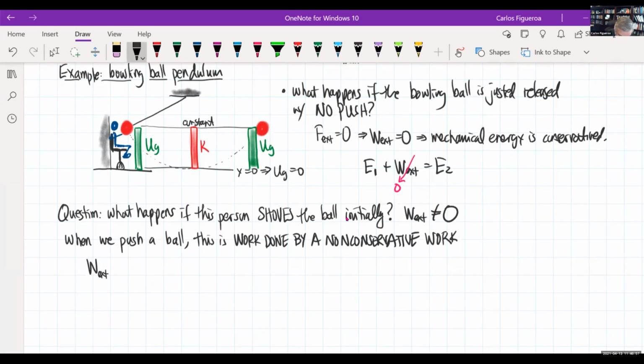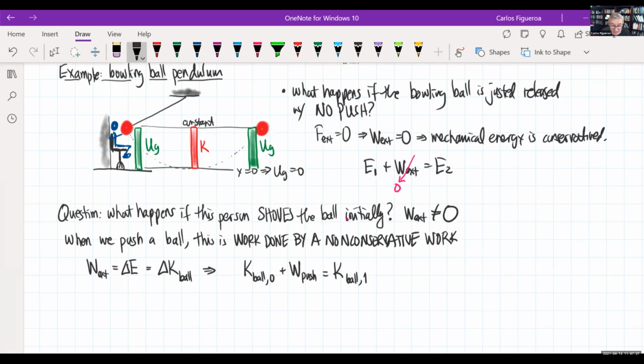And so what you're finding here is that the work done by this external force changes the energy of the system, but in this case, it changes the kinetic energy of the ball. So if I start off at some location 0, at some kinetic energy that I'll label 0, the work of the push, which is a conservative force, then changes the energy of the ball to be at this one state here.